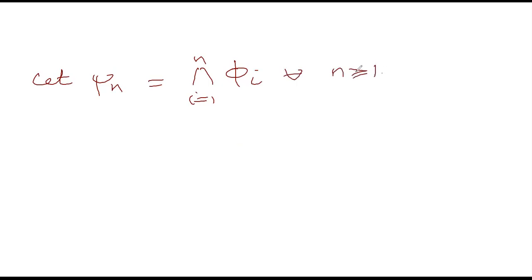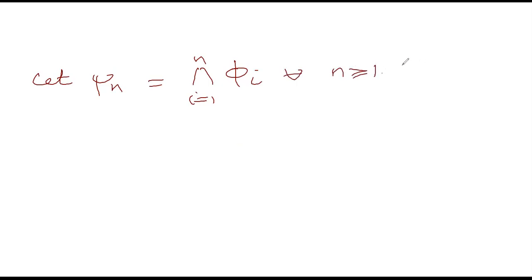Now let's choose psi n equal to the minimum, as i runs from 1 to n, of phi i, for all n greater or equal to 1.